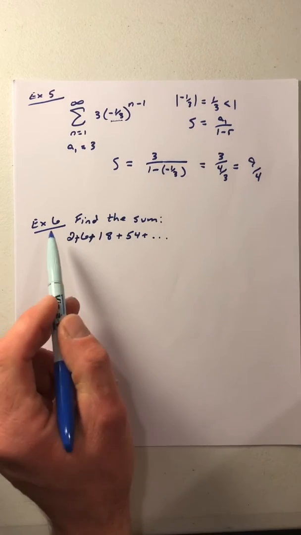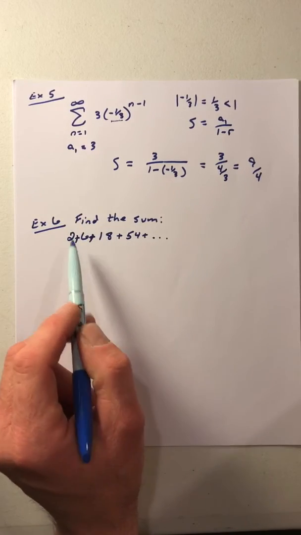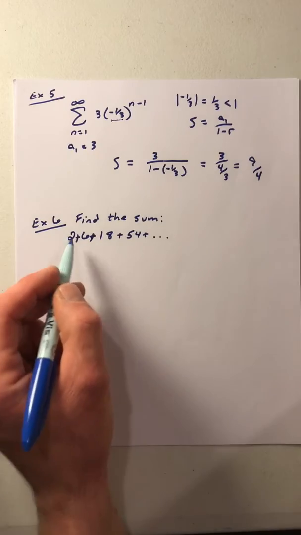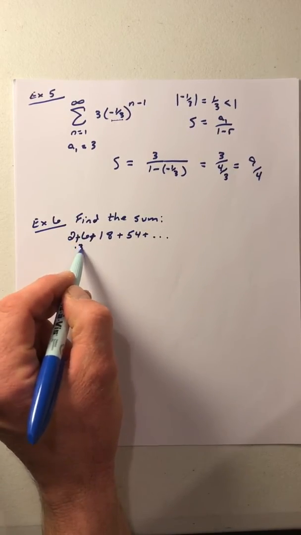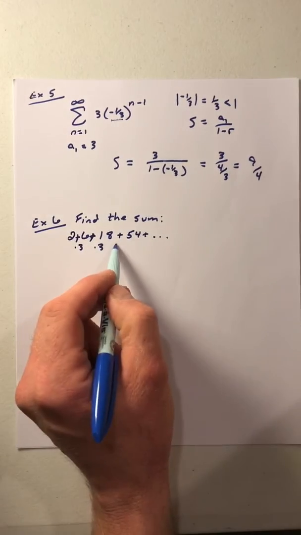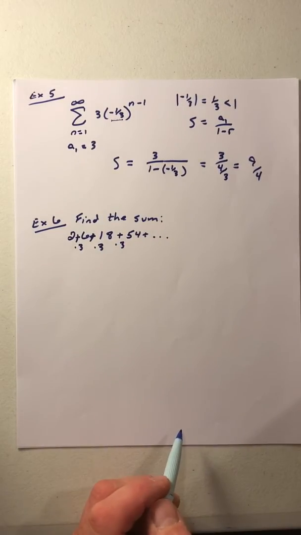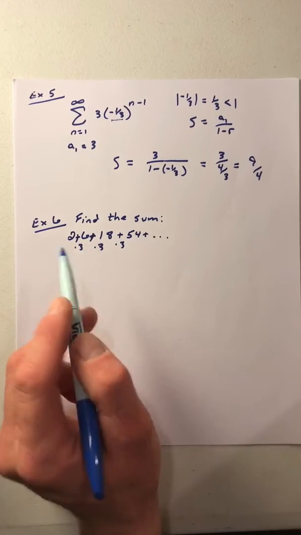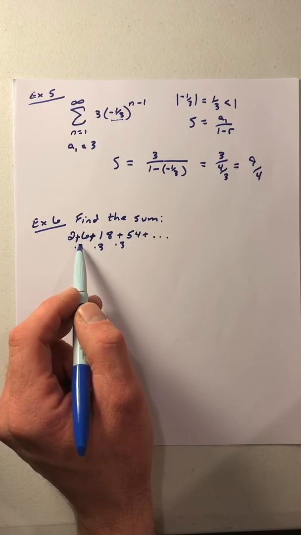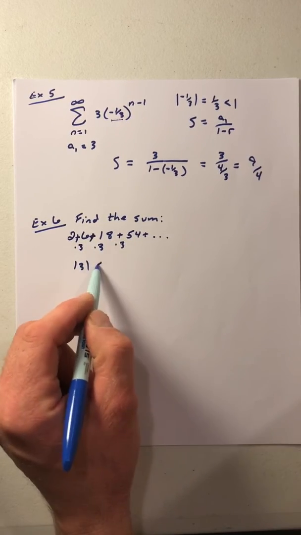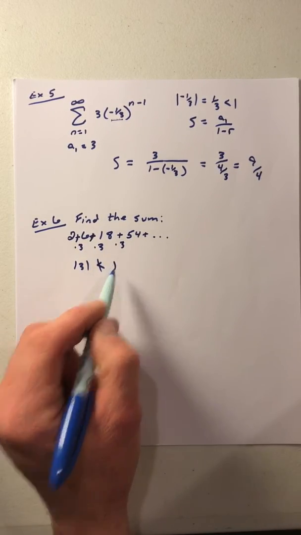The last example I have for today is going to be find the sum of 2, 6, 18, 54. So if we notice 2 to 6, we're going to multiply by 3, 6 to 18, multiply by 3, 18 to 54, we multiply by 3. So we have a geometric series here, but notice my ratio is 3, and the absolute value of 3 is definitely not less than 1.